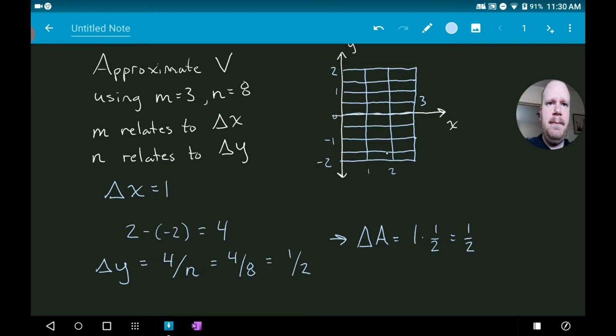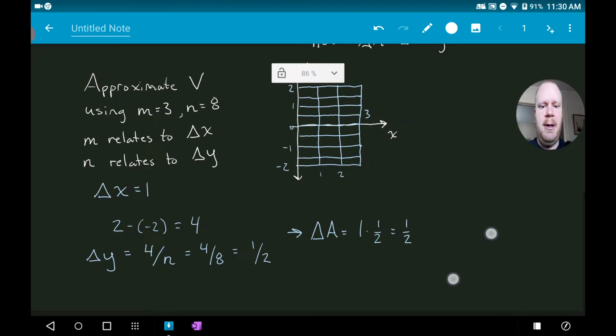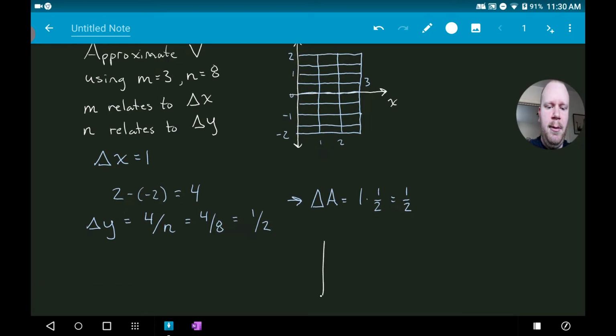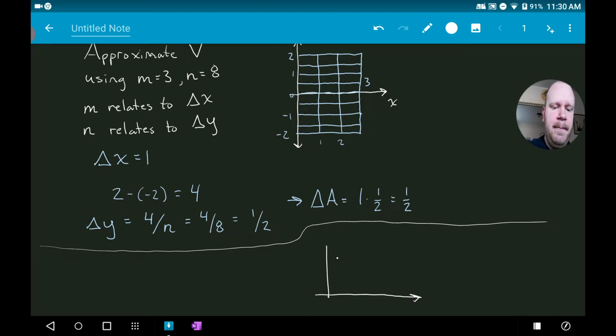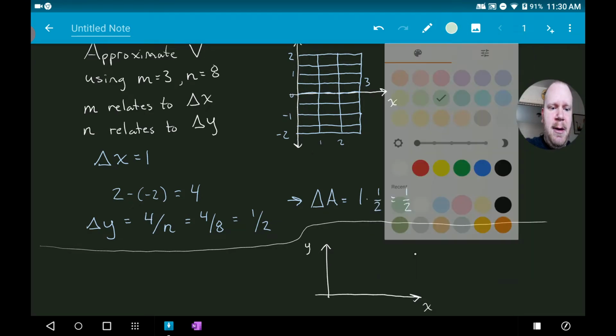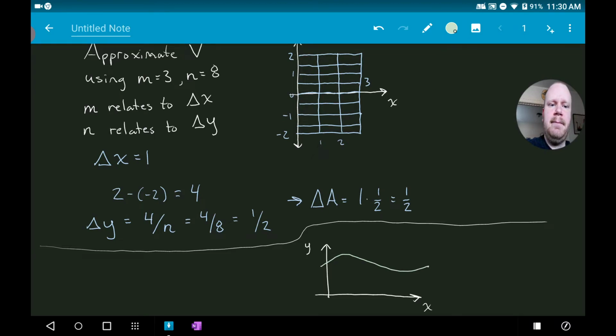One thing that I want to mention while I have this drawing up is that if we think about the analogy to what we do in Calculus 2, when we're trying to approximate this area, so this would be y and x, if we're trying to approximate the area under the curve, let's say we're going from, I don't know, 0 to 4, and our delta x is equal to 4.